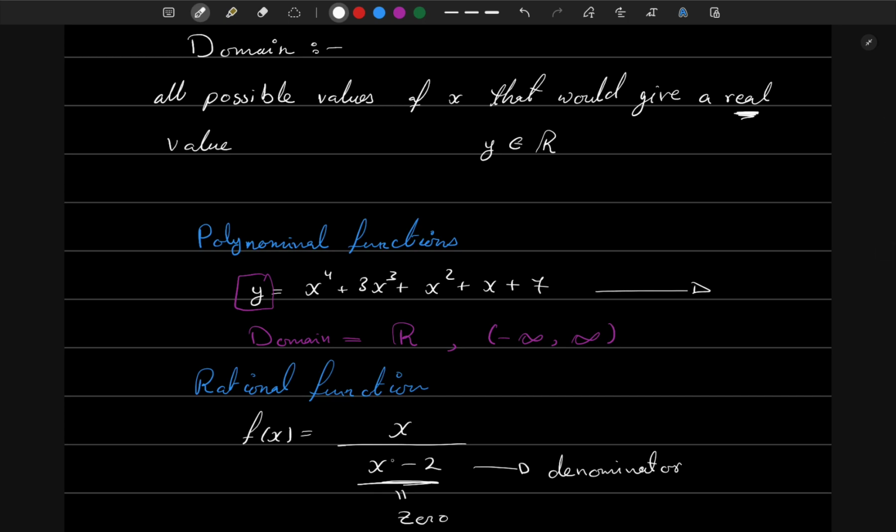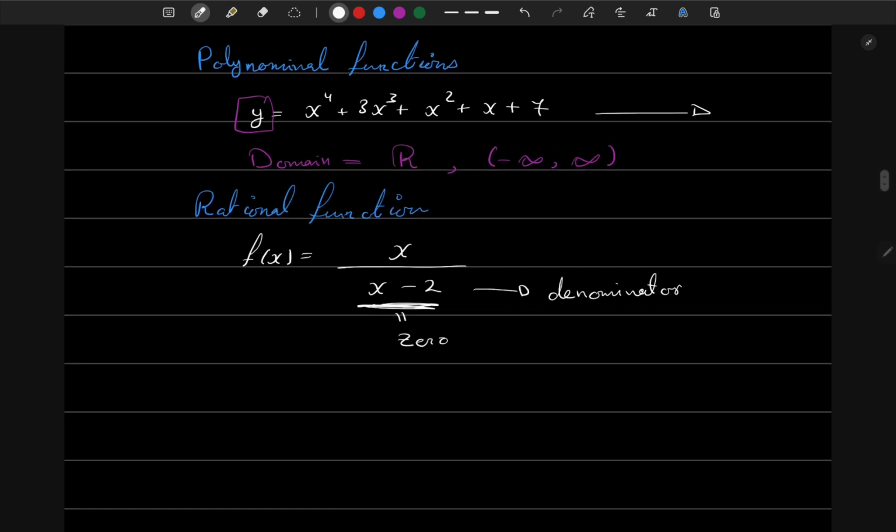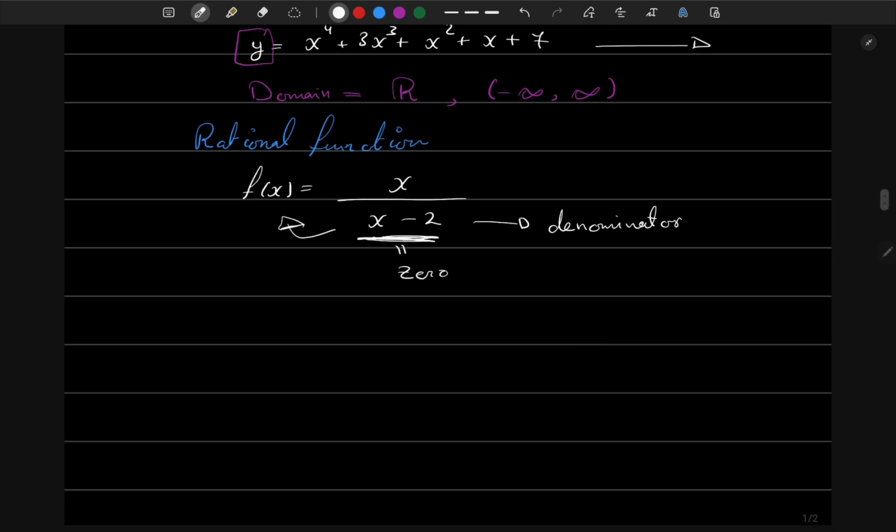And that's from the definition of domains. If there is a value that I use in this function that will make the denominator equal 0, then this value will not give me a value in y, and so it's not going to be in the domain for this function. So if we find ourselves dealing with a rational function, that is a function that has a denominator, that means I'm going to be looking for the value that makes this denominator equal 0.